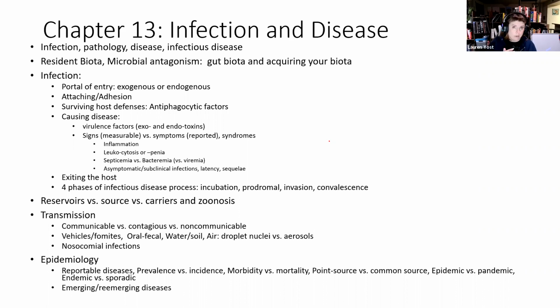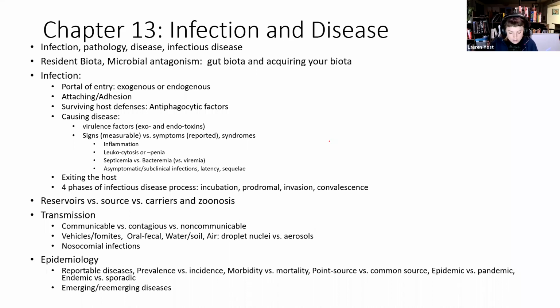And then we have nosocomial infections that we talked about. That's just any sort of infection that you can get or are more likely to get in a healthcare environment. And then epidemiology terms that we went through. Reportable diseases, anything you can or must report to the CDC or your local government so they can track that disease and keep an eye on it.